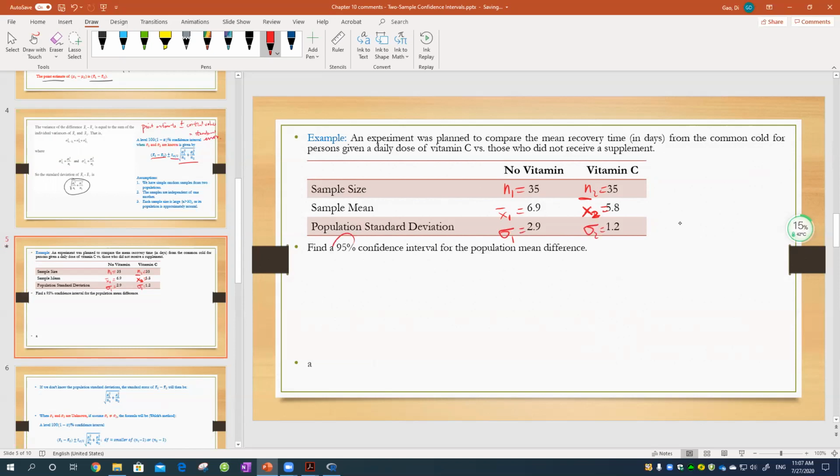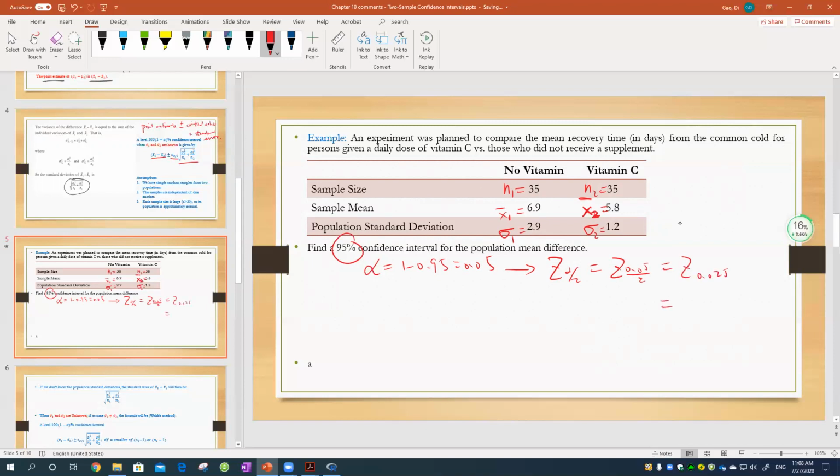So now we want to find a 95% confidence interval. We know alpha equals 1 minus 0.95 equals 0.05. And that tells us z sub alpha over 2 equals z sub 0.05 divided by 2. That's z sub 0.025.